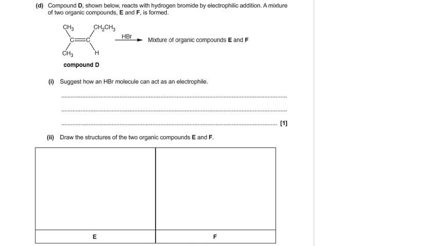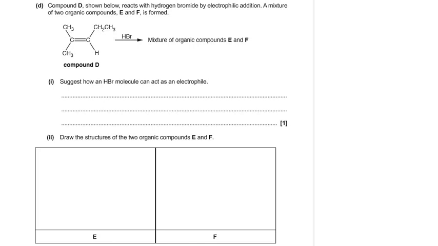This is another instance where you need to know your definitions, because as soon as you hear the word electrophile, you should be thinking electron pair acceptor. So electrophile, we might say, is electron loving, but the actual definition is that it is an electron pair acceptor.